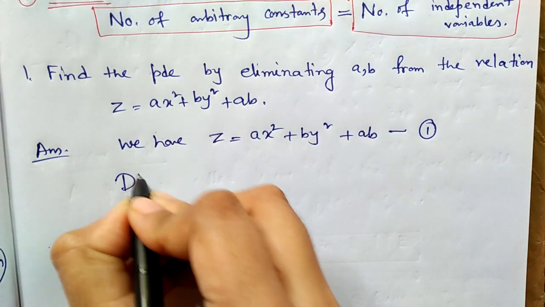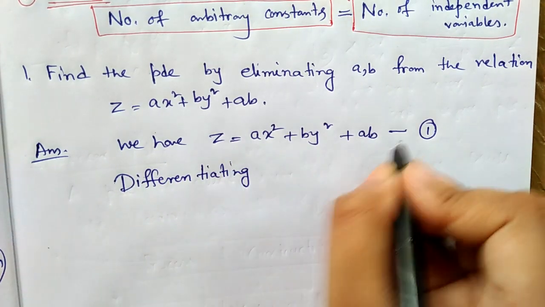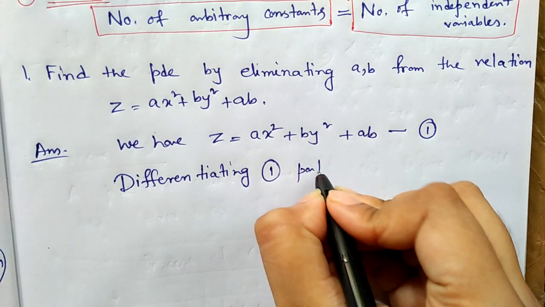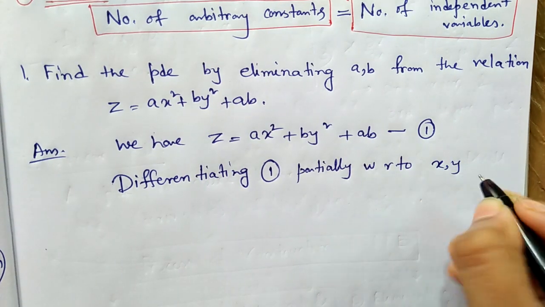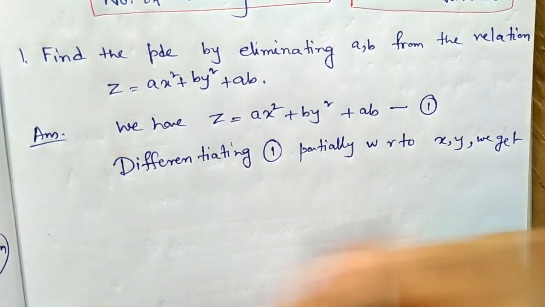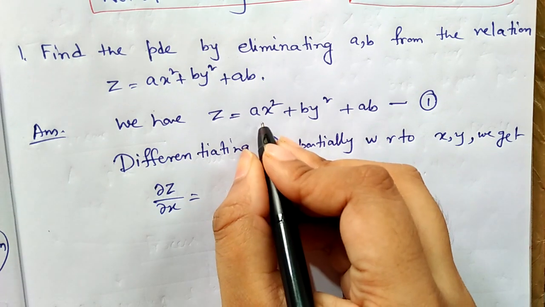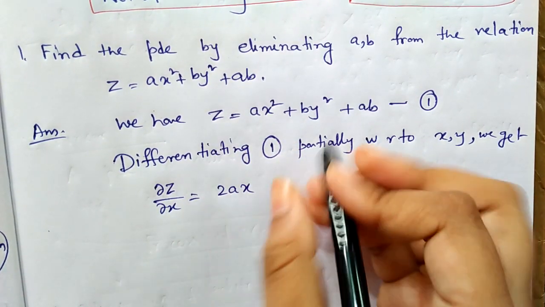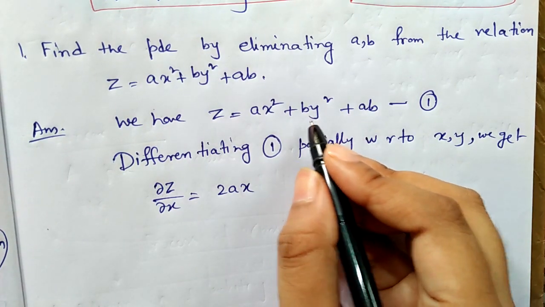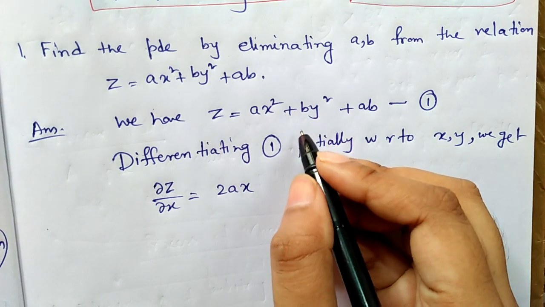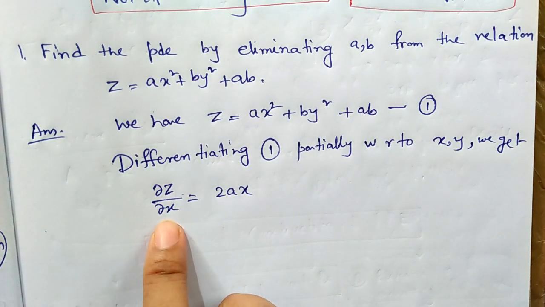Now differentiating this one partially with respect to x and y, we get ∂z/∂x = 2ax. The second term, by², can be treated as a constant when we differentiate z with respect to x partially.